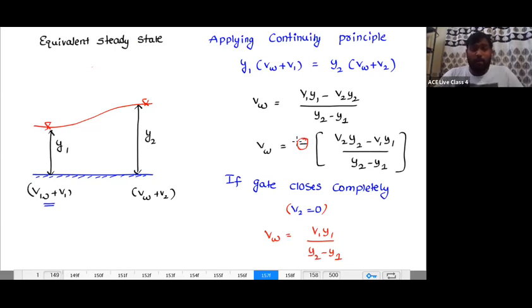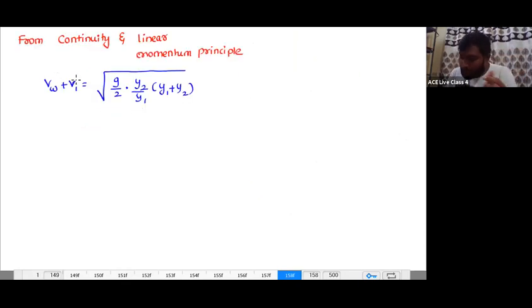So in the case of the positive surge moving downstream, VW minus V1. In the case of the positive surge moving upstream, VW plus V1. So now, what is the celerity here? In this case, the surge is moving upstream and the actual velocity is moving downstream. Then the relative velocity is nothing but VW plus V1.